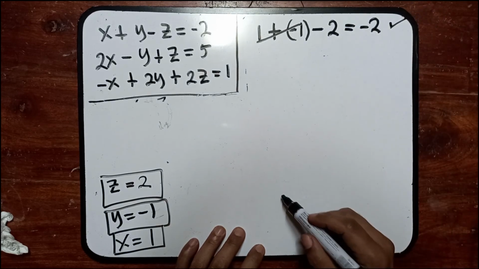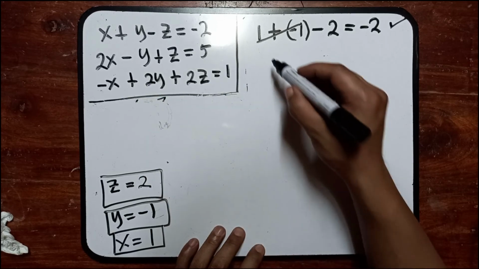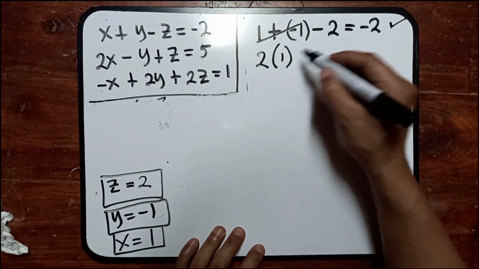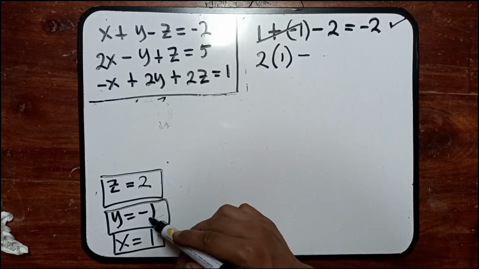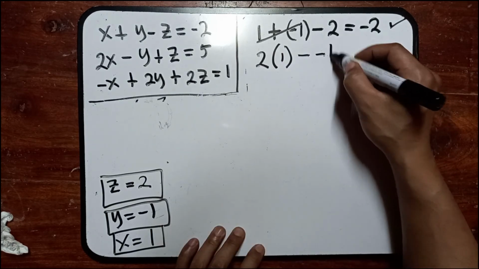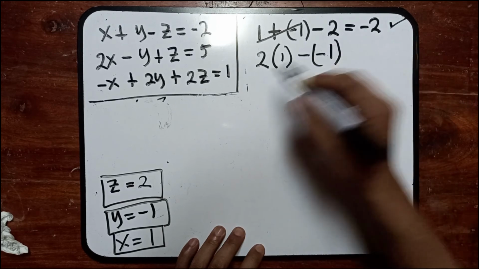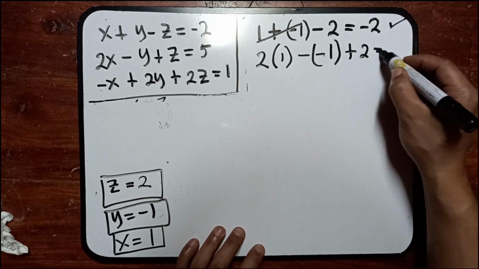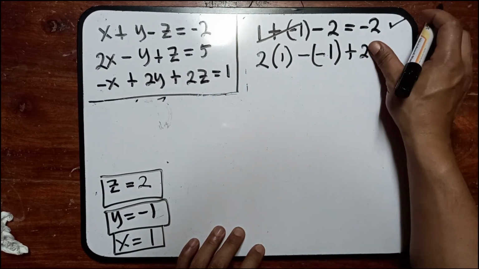So this is correct. Let's try for the second equation. 2 and then the value of x is 1, minus y, y is negative 1, plus z, what is z? z is 2, and then 5 equals 5.